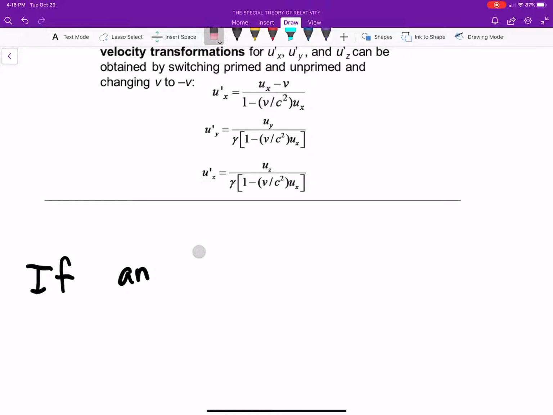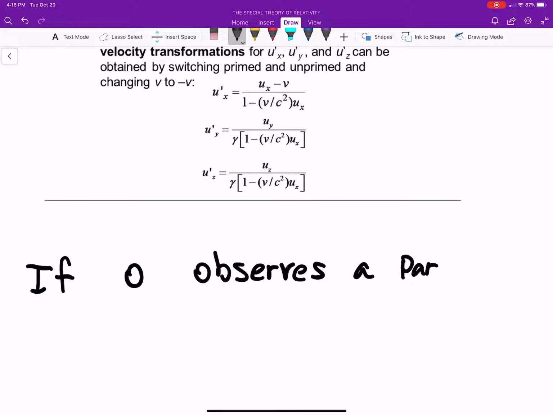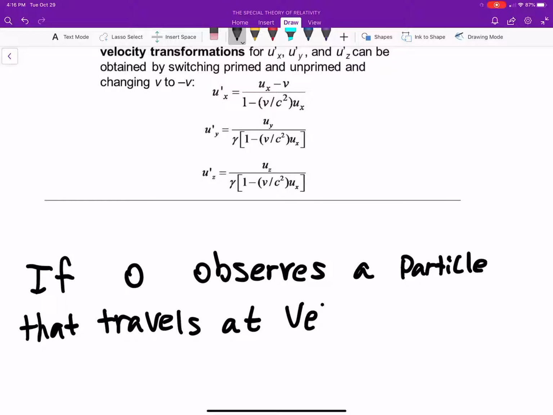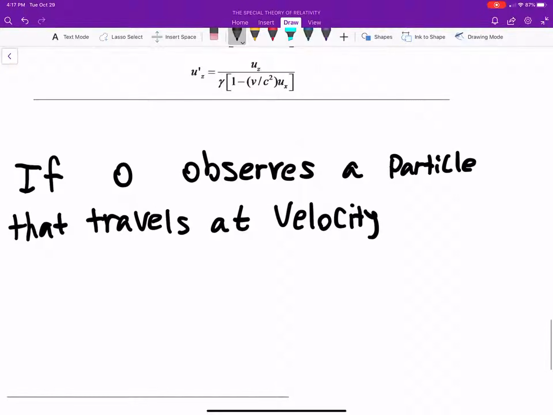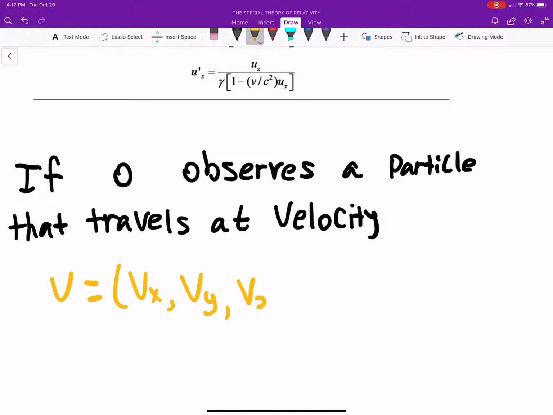If O observes a particle that travels at velocity V, we'll write its components out: V sub x, V sub y, V sub z.